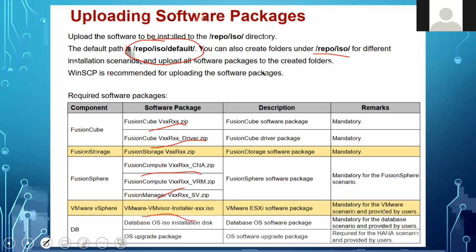But if you want to use FusionSphere only, you have to download this FusionSphere. And if you want the DB as well, it depends on the requirement, which deployment you want to do. According to your deployments, you have to download these packages and upload them to the Fusion Builder VM, because the Fusion Builder VM will deploy everything and will do remote installation to your servers, rack server or chassis.